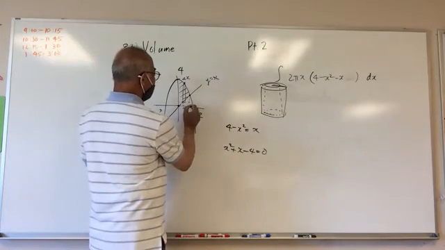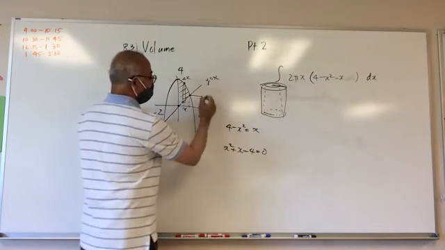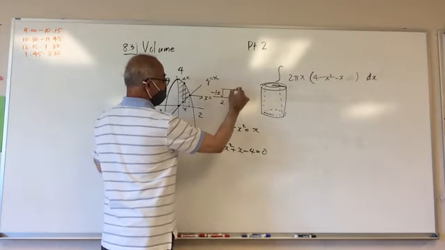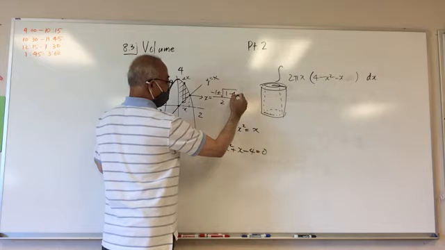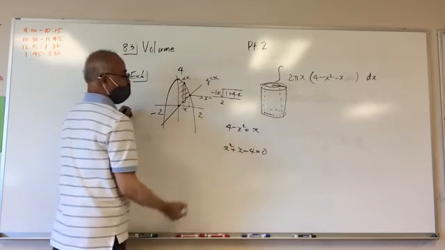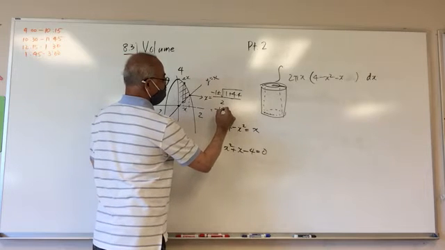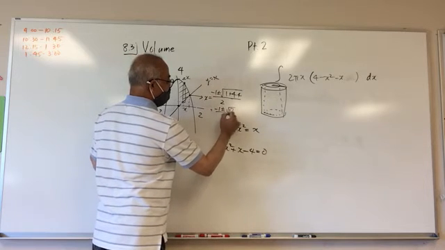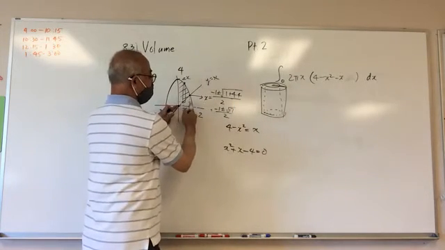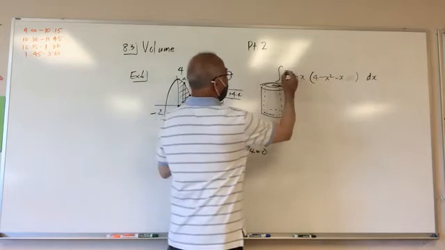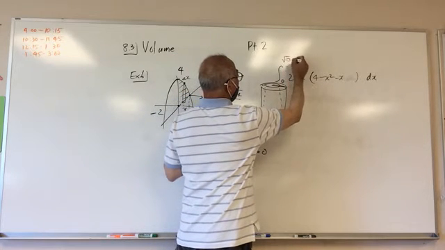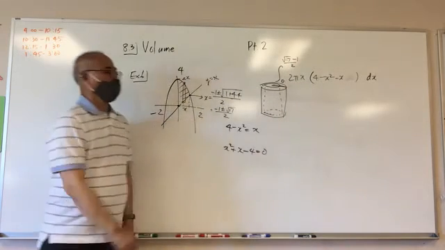So this point is found with the quadratic formula: x equals negative b plus or minus the square root of b squared minus 4ac, over 2a. c is negative 4, so x is negative 1 plus or minus the square root of 17, over 2. So I'm going to go from 0 to, obviously, the plus one. Everybody see that?